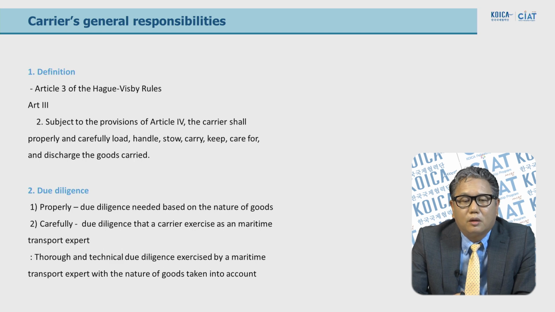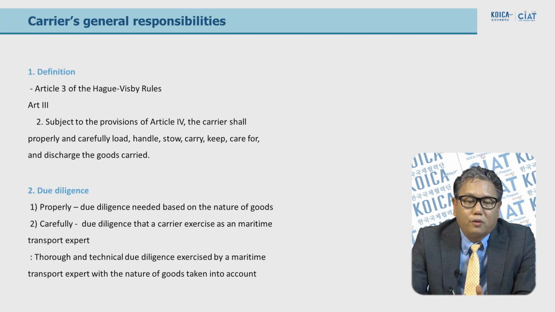Okay, so the next part is the carrier's general responsibility, as defined in an article of the Hague Rules. Discussing this before, the Hague-Visby Rules define the carrier's general responsibilities in Article 3.